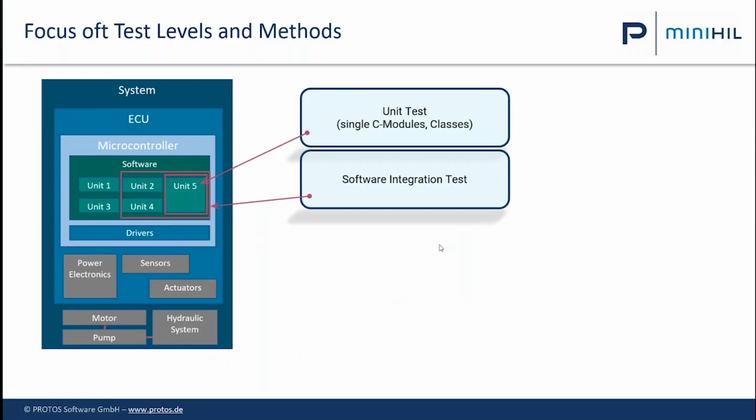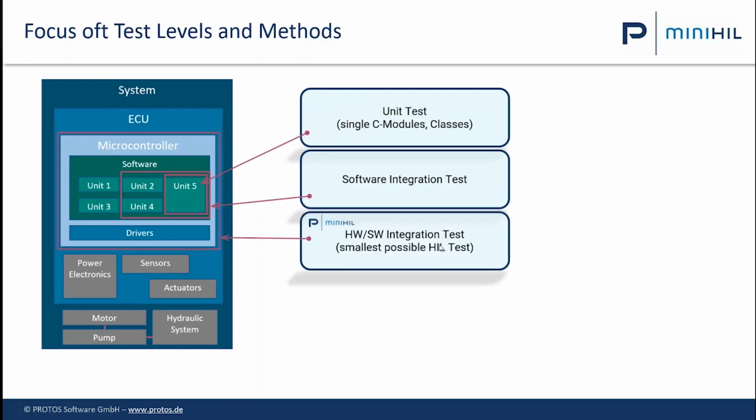So the next level would be the microcontroller level. That's already a hardware-software integration test. So it's the smallest possible hardware in the loop test. You could also call this the processor in the loop test. So we test with the miniHIL, for example, we test the system at the pins of the microcontroller on a signal level.